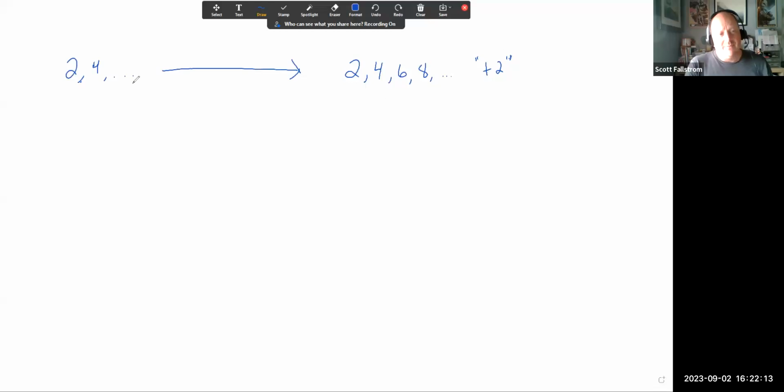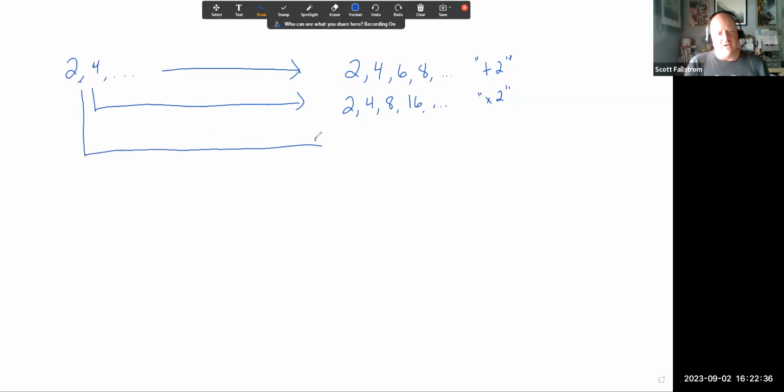That's perfect, of course. But someone else comes along and says, oh, no, I see it, Scott. Don't worry. You're actually multiplying by 2. So 2, 4, then 8, then 16, and it keeps going. This is a times 2 pattern, making it geometric, the first one being arithmetic. But somebody else says, no, Scott, hold on, I got this.